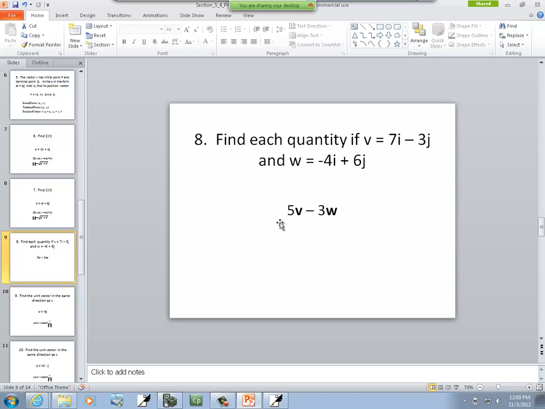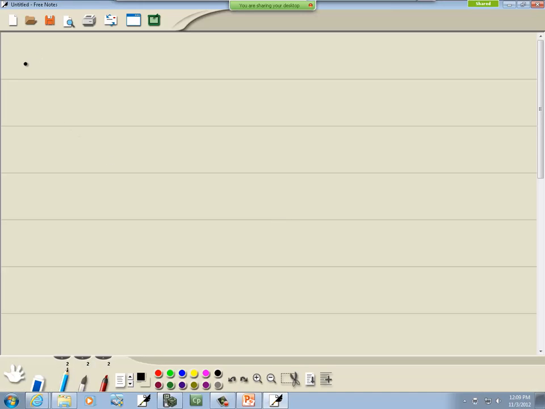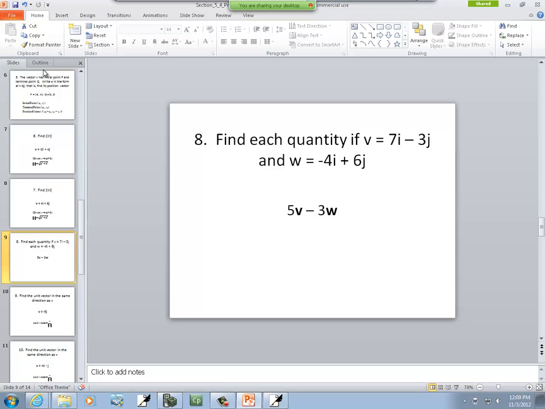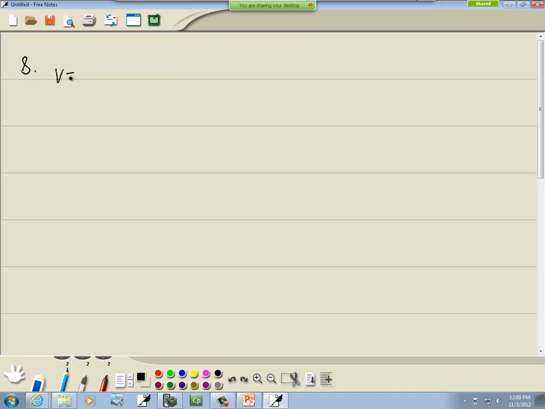Okay, let's look at this one. We've got v is equal to 7i minus 3j, and w is equal to negative 4i plus 6j.